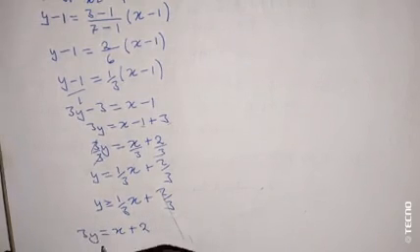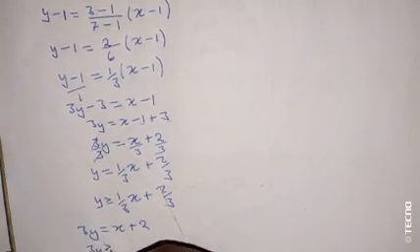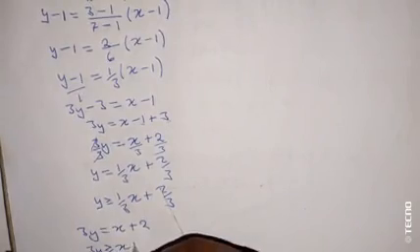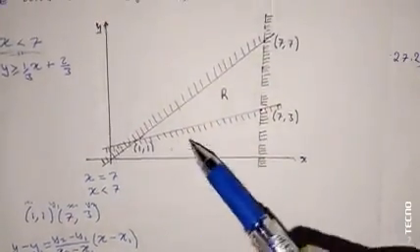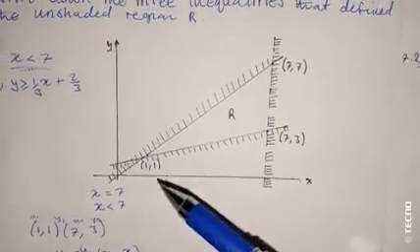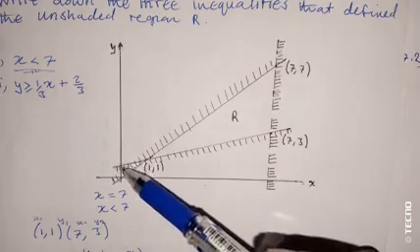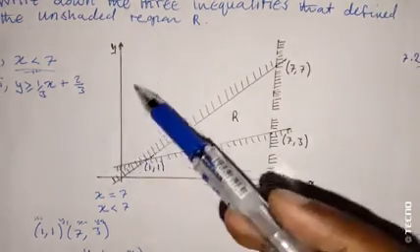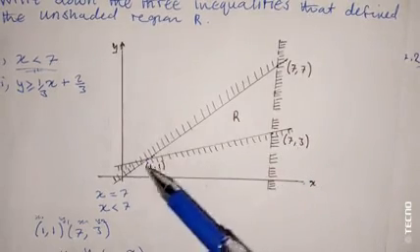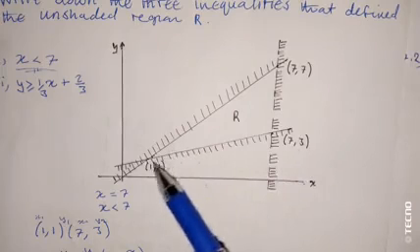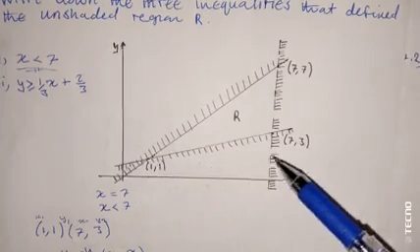Even from this side you can write your inequality to say 3y is greater or equal to x plus 2. We are saying the greater values of y are this side, and here you are shading the lesser part. This is what we call the unwanted region, the part that has been shaded.